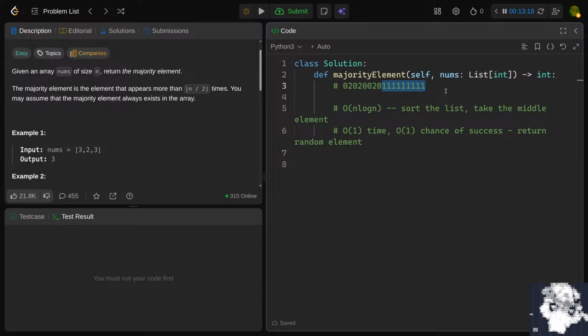I can't do any kind of bucket sorting because there might be n over 2 other elements and I can't keep track of them. Or any kind of counting. I can't do a true count because I'd have to keep track of n over 2 other things.